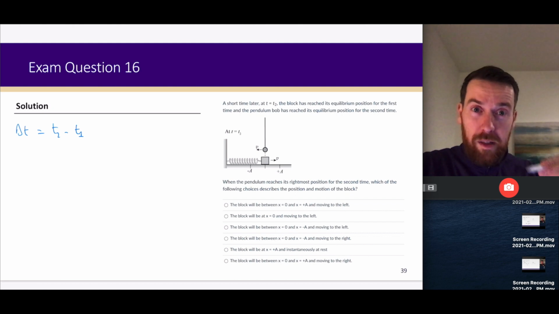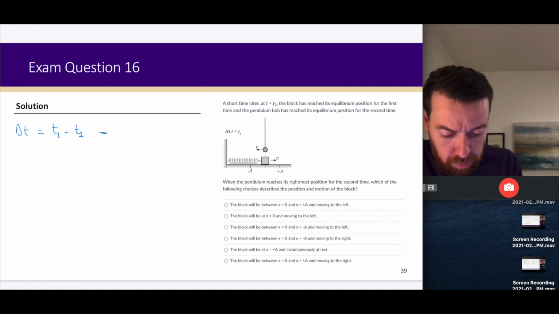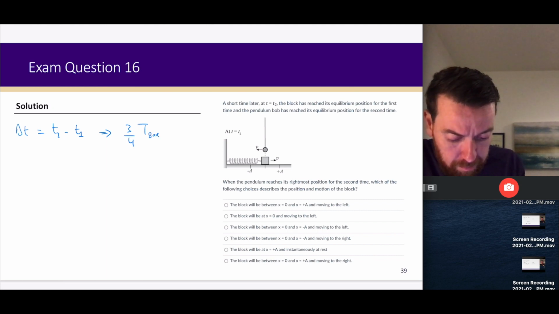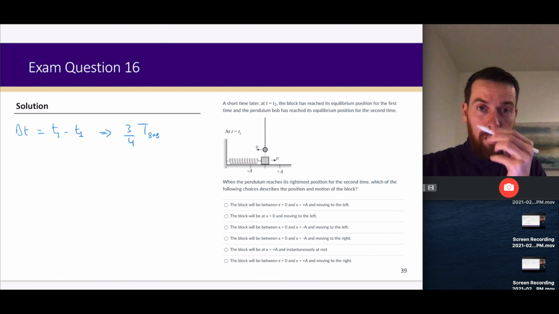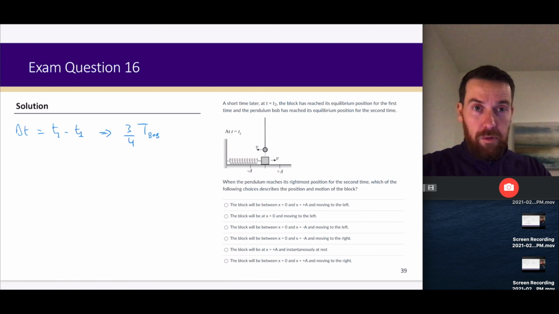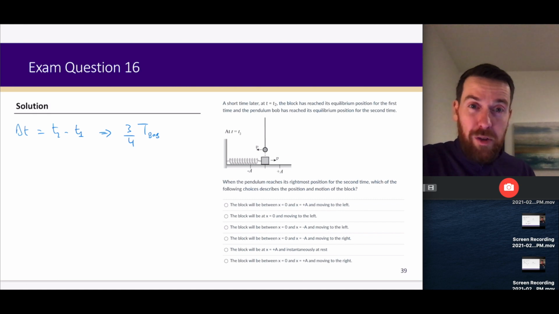So it's finished 3/4 of its period. So this time is equivalent to 3/4 of T bob, because it's gone from negative A to its middle, to its rightmost position, back to the middle. So it only has one more quarter to go to finish one full cycle. But the block has only gone from negative A to equilibrium, so that's only 1/4.